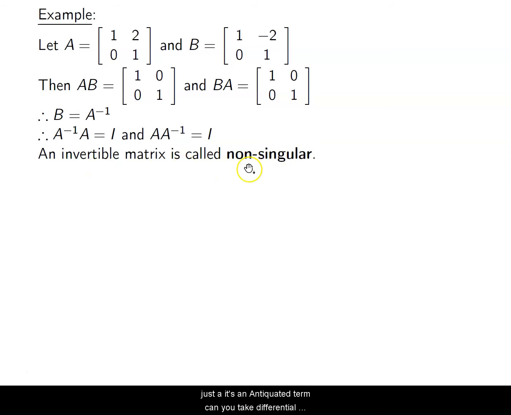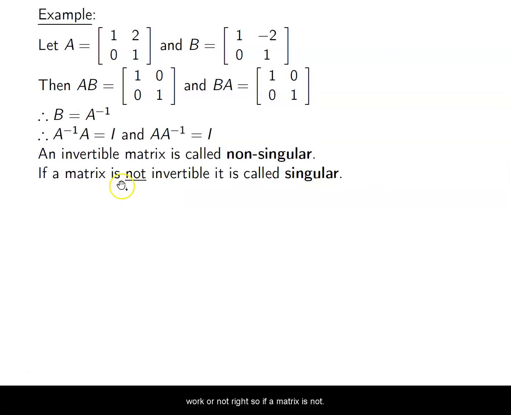When you take differential equations, you'll see non-singular terms as well. They're a common reference to basically things that work or not. So if a matrix is not invertible, it's singular. Singular means it is not invertible. Non-singular means it is invertible.